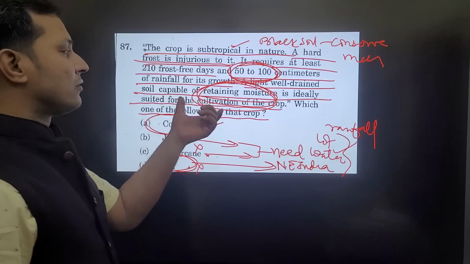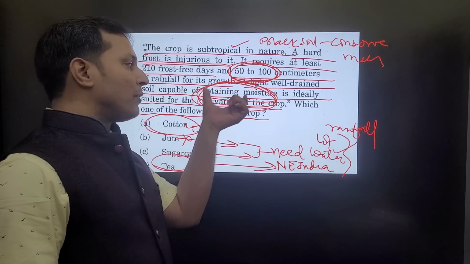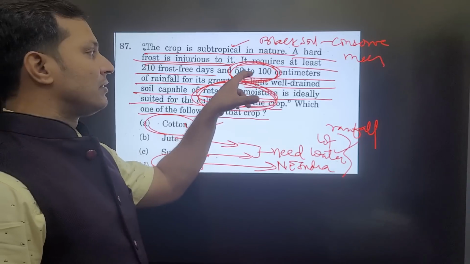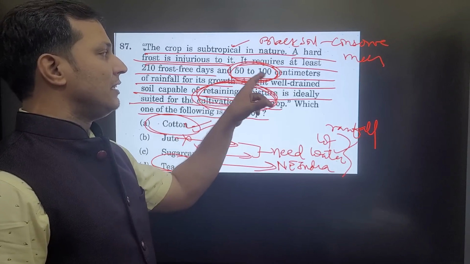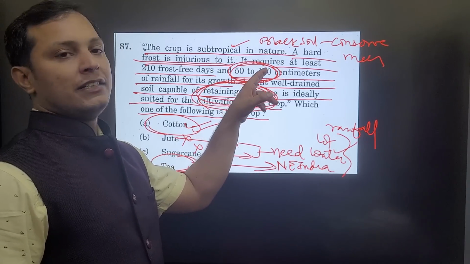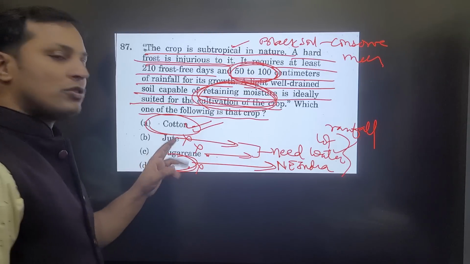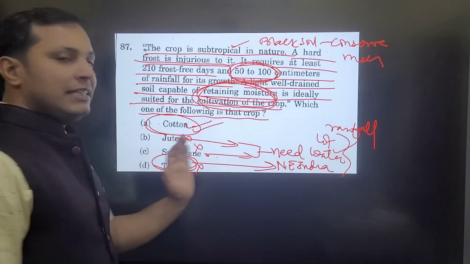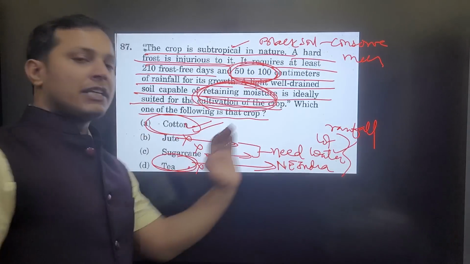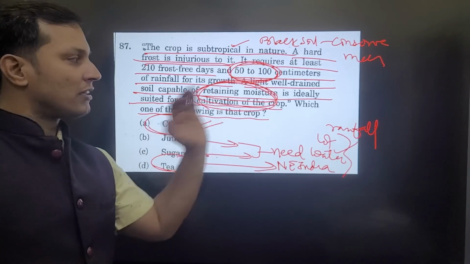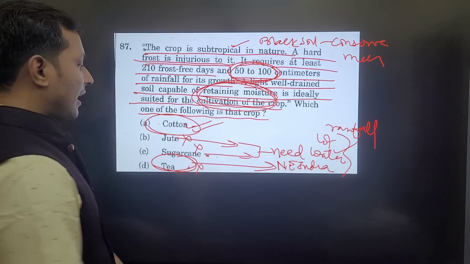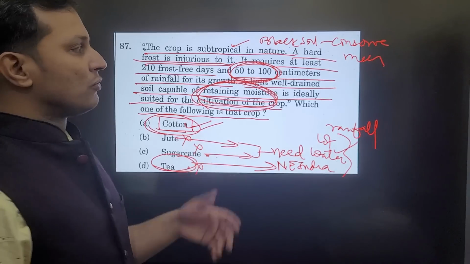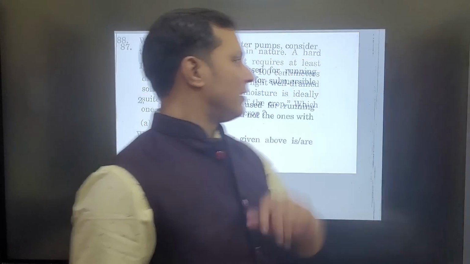Even without knowing that black soil is capable of retaining moisture, just by the rainfall of 50 to 100 we can see. Jute, West Bengal, more than 100 centimeter of rainfall. Tea, more than 100 centimeter rainfall. Sugarcane also needs a lot of water, water guzzling. So generally, this answer will be cotton. Black soil logic also goes there. Let us see the next question.